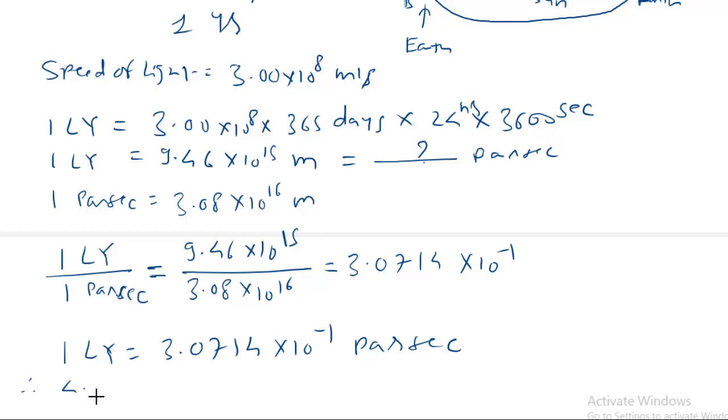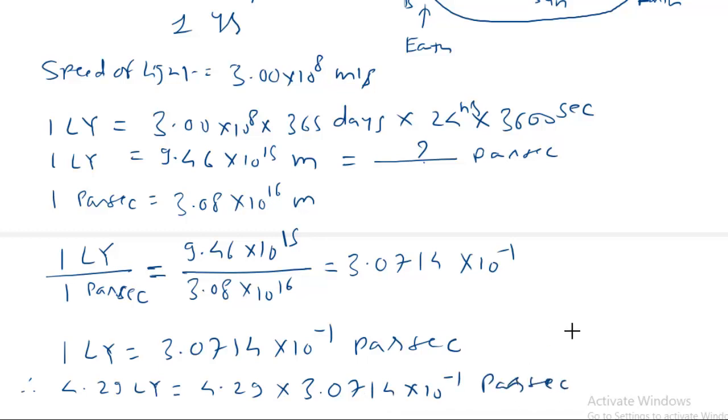Therefore 4.29 light year will be equal to 4.29 into 3.0714 into 10 raised to the power minus 1 parsec. 1 light year is this much parsec.